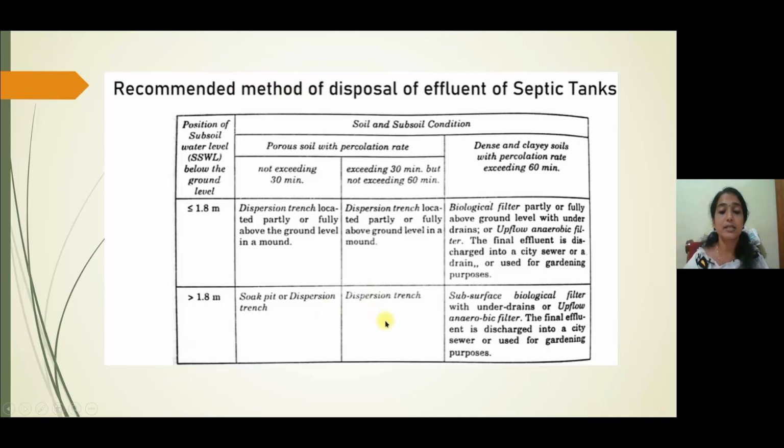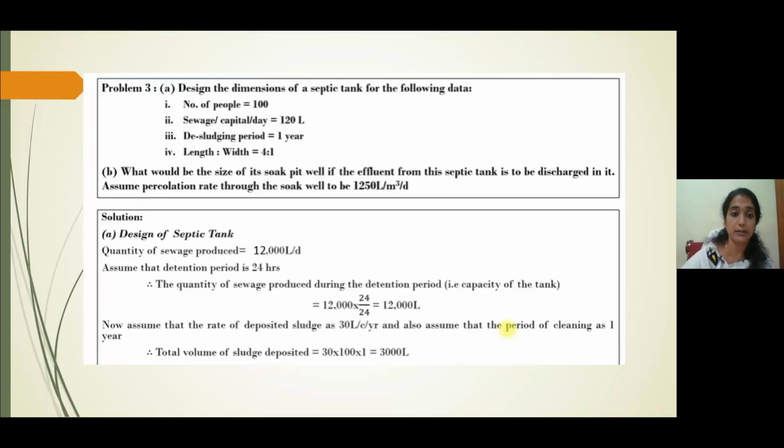In the second case also, we can accept a dispersion trench. In the case of less porous soil, we can accept subsurface biological filters, or an upflow anaerobic filter can be accepted for the treatment of septic tank effluent.